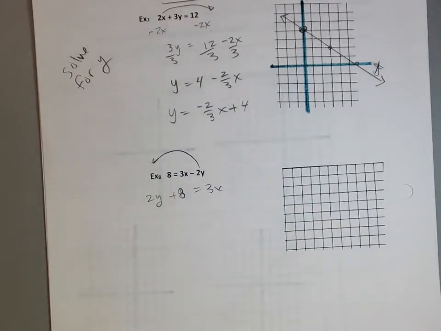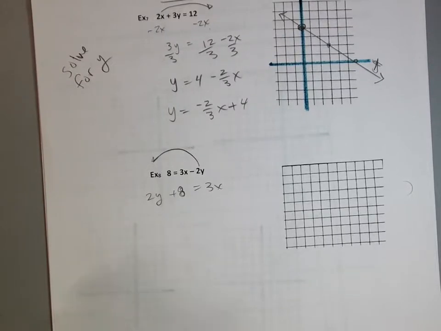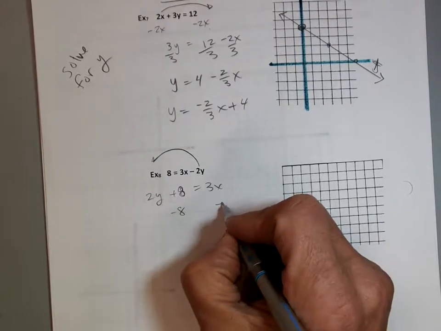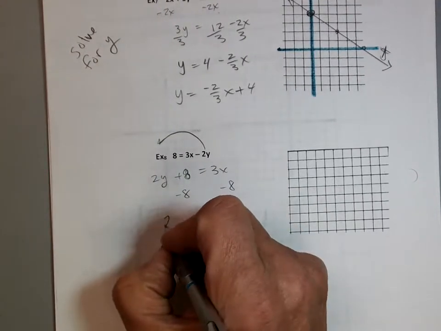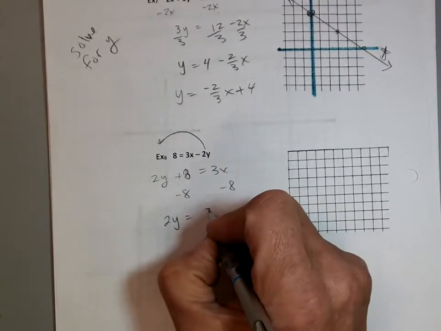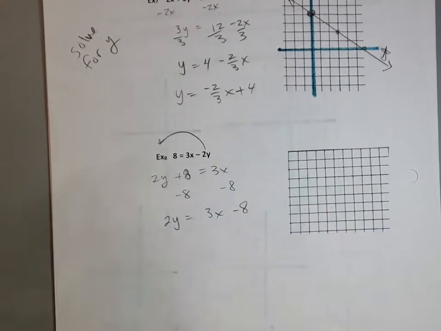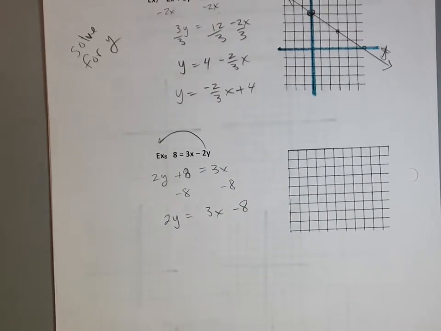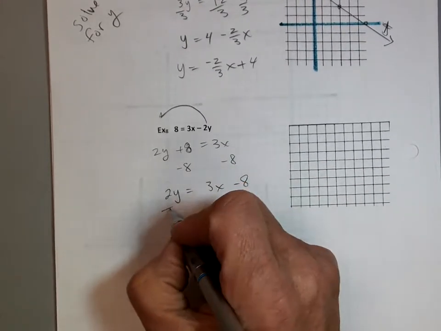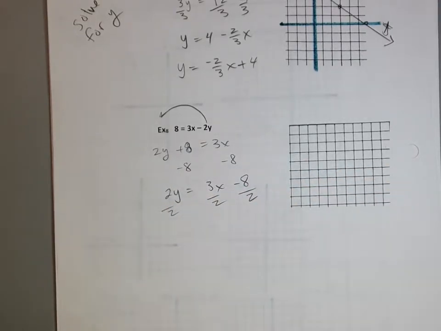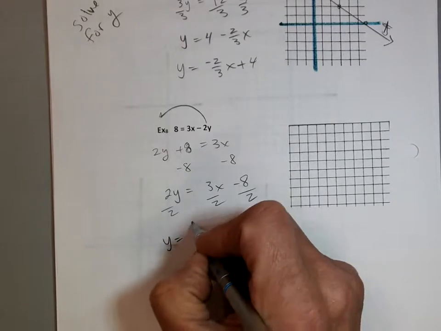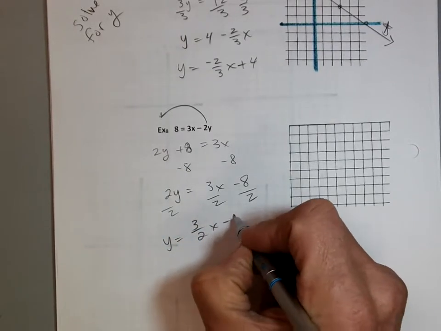I added the 2y, and then minus 8, minus 8. I've got 2y equals 3x minus 8, right? Divide everything by 2. y is equal to 3/2 x minus 4.